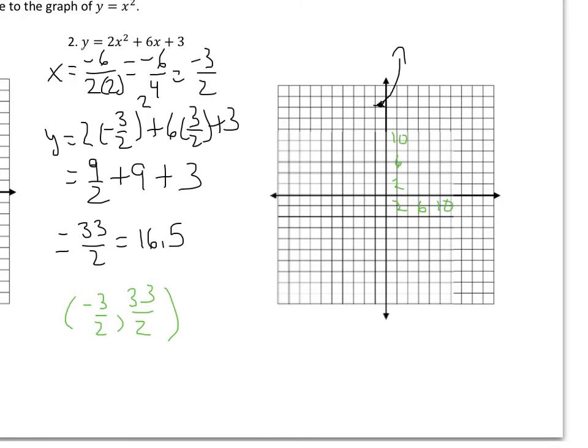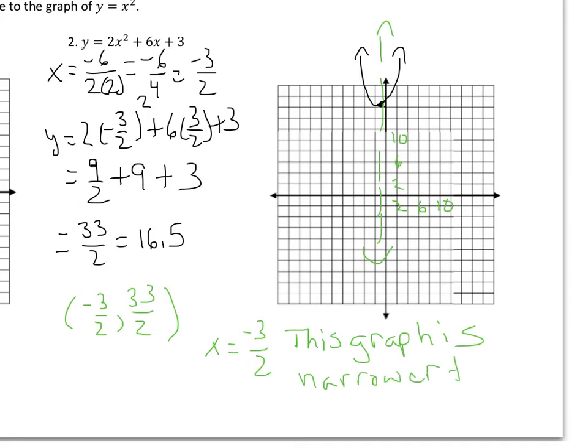And this opens up. And the axis of symmetry is x equals negative 3 over 2. And it goes down like that. And you would say this graph is narrower than y equals x squared. Hopefully this is a good review and a reminder of how to graph these. Okay? Alright, let's move on.